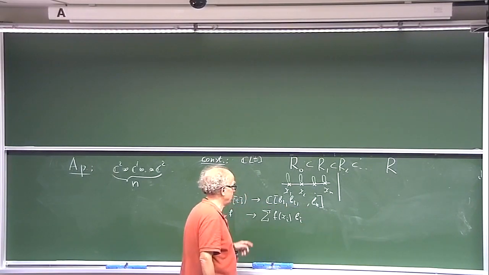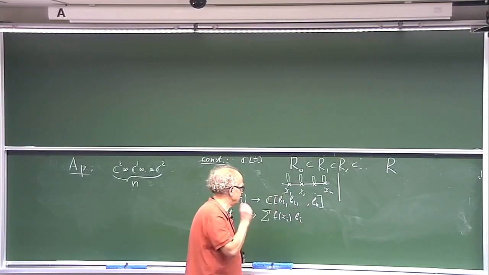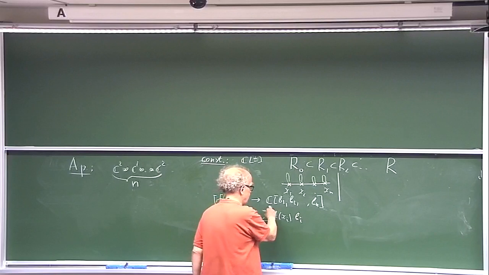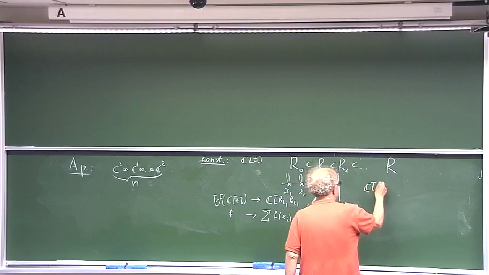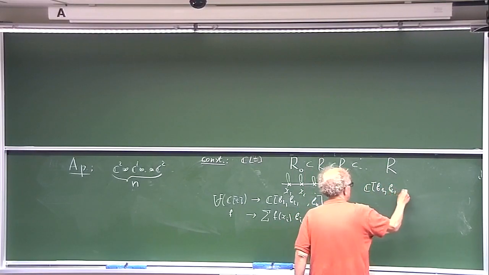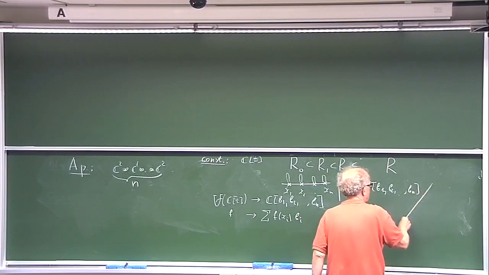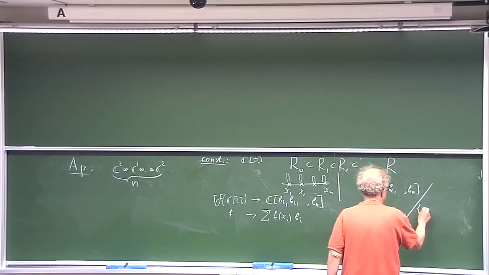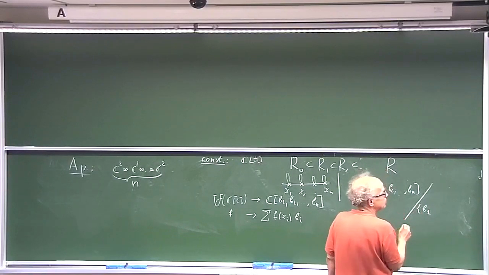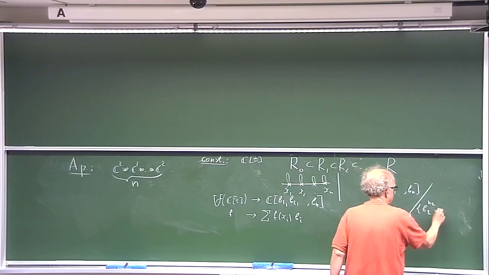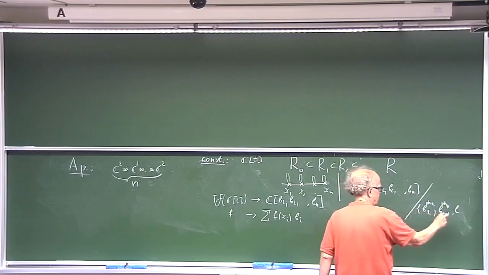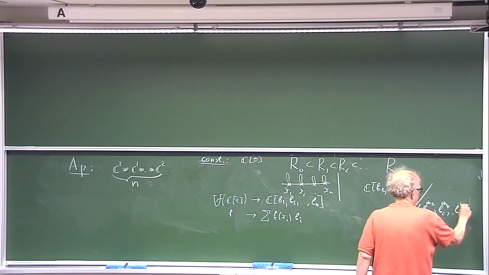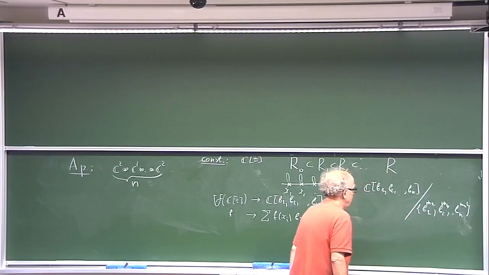Before, I applied my construction to a representation of this algebra, which is what? I take C[b1, b2, and so on, bn] and factorize it by the ideal generated by b1 to the n1, b2 to the n2, and so on, bn to the mn.